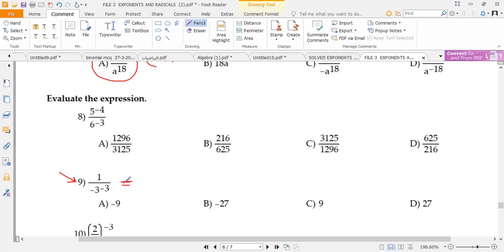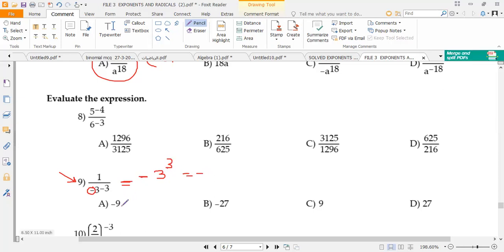I don't know. Didn't we say anything carrying a negative power, what will we do with it? You will make it positive. Okay, which one will be positive, the minus 3 on top or the one on the bottom? The one on top. So I will send this to the top, meaning I will write 3 to the power of 3. Is this correct? What about this negative: is it included or not? Not included. So the negative stays as it is. Your answer will be negative 3 to the power of 3.